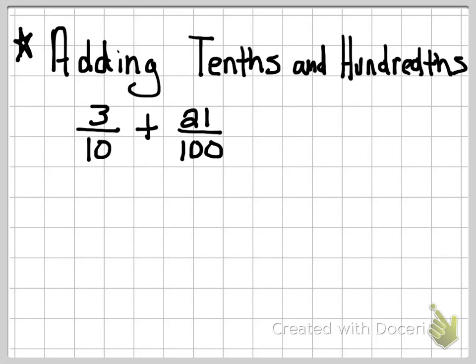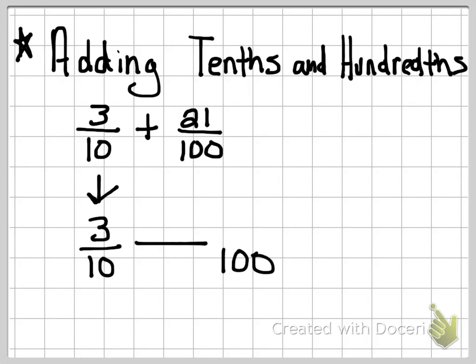So we would change tenths to hundredths. 3 tenths. We're making an equivalent fraction. Times 10 would give us 100. Whatever we do to the denominator, we must also do to the numerator.